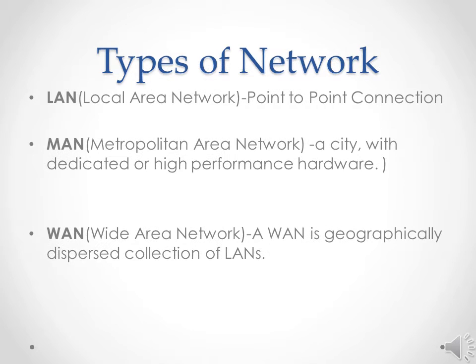Types of networks. A LAN, which stands for Local Area Network, is a group of computers and network devices connected together, usually within the same building. A MAN, which stands for Metropolitan Area Network, is a larger network that usually spans several buildings in the same city or town.